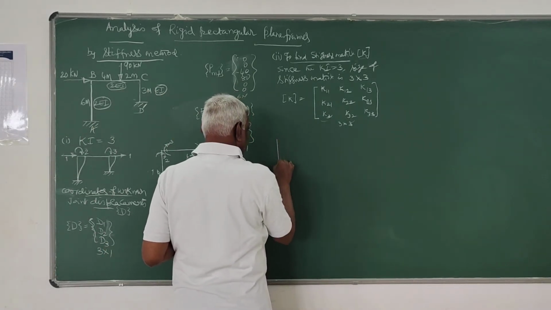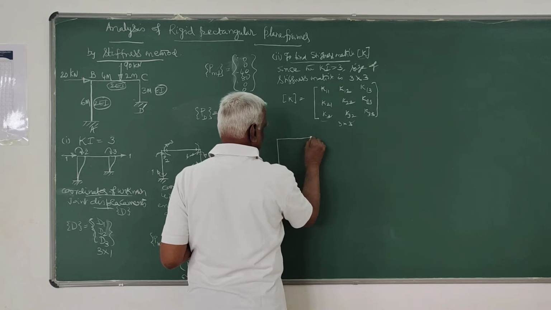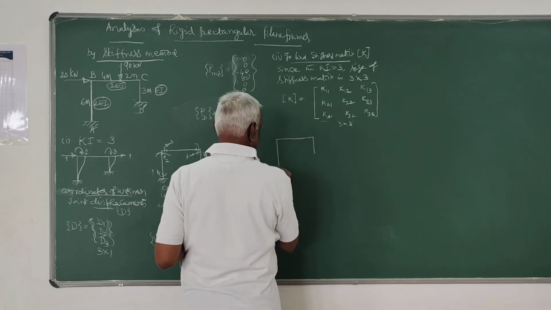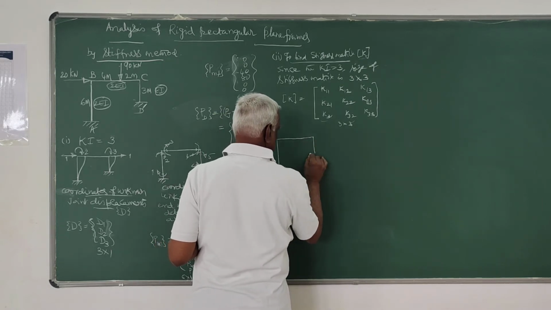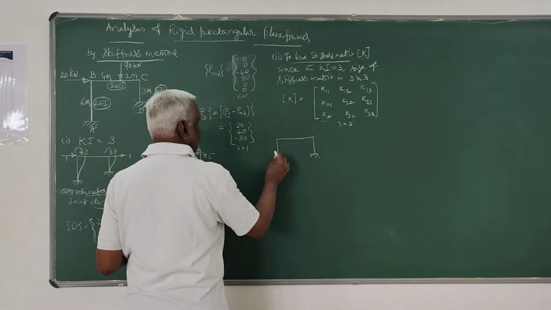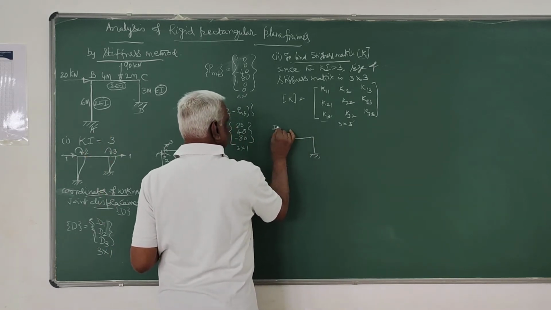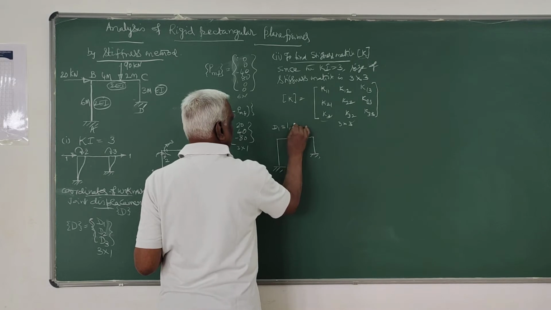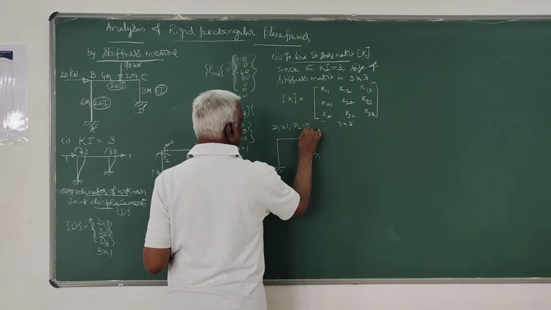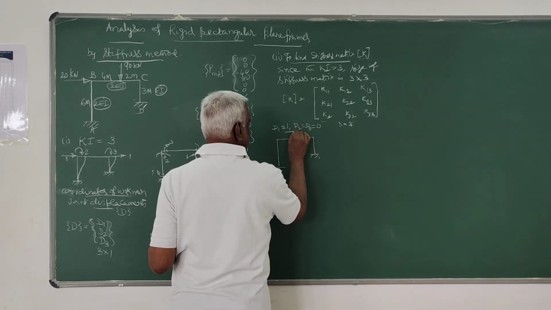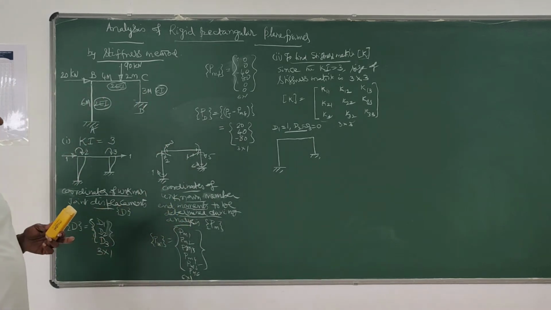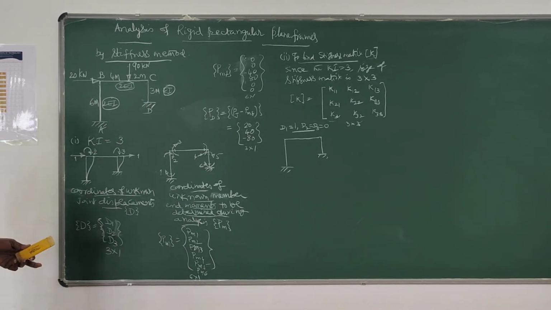So first let us apply a unit displacement corresponding to 1, that is d1 equals 1. For d2 and d3, you should restrain; you should not allow a displacement along the other two coordinates.